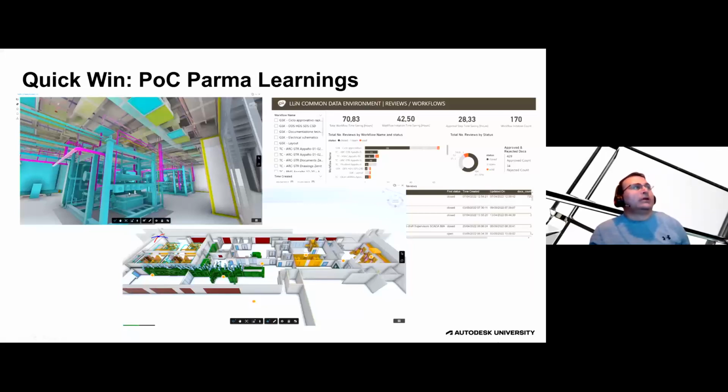One was we immediately could have a 3D model that was completely federated between all the different suppliers, having really one single source of truth from a 3D perspective and metadata perspective as well, that is being used at the moment during construction.